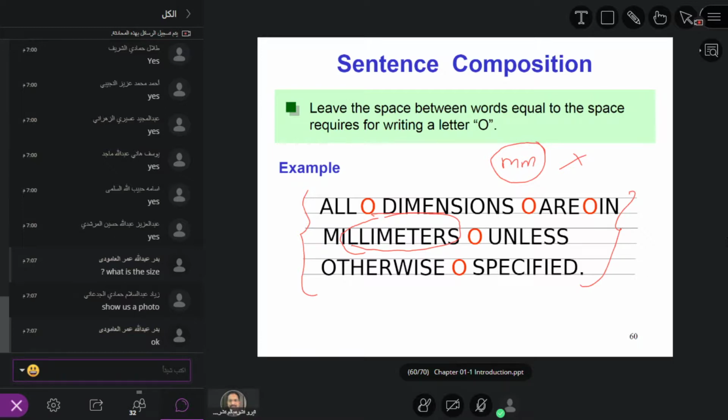Whenever you make dimensions, suppose like this, you don't need to write 10 millimeters. This is not necessary. Simply write 10, because it is understood that all dimensions are in millimeters unless otherwise specified. If it is inches, you have to write it. If it is in meters, you have to write it. And the space in between these lines should be uniform, one space.